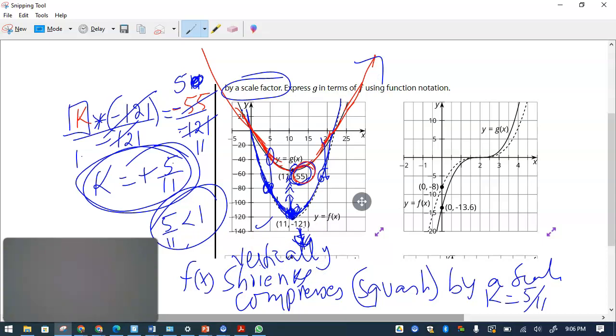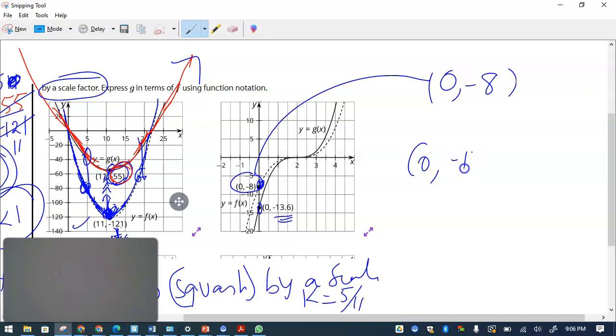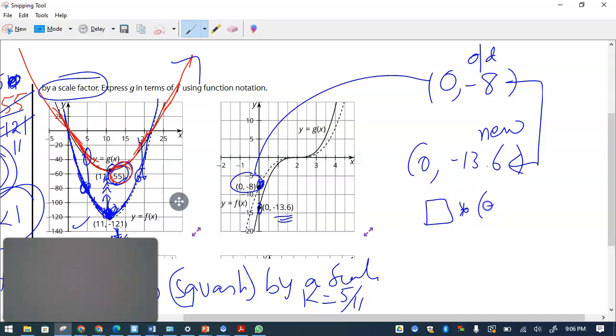If you see the second question right here, the original is minus 8, and that minus 8 goes down to minus 13.6, right? So this is the old one, this is the new one. The best way is, what multiplies to negative 8 to get negative 13.6?